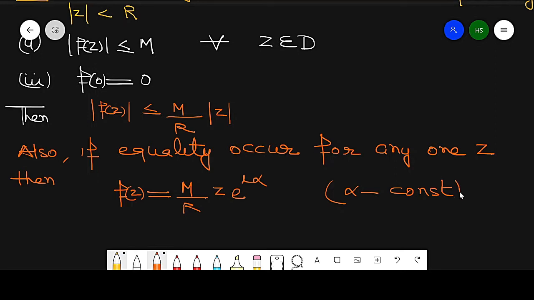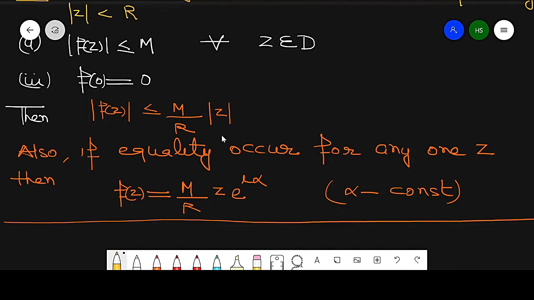So this is a very important result. So if all the three conditions are satisfied, then it proves this result.